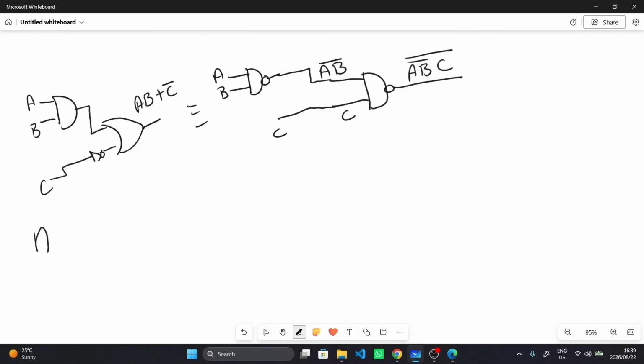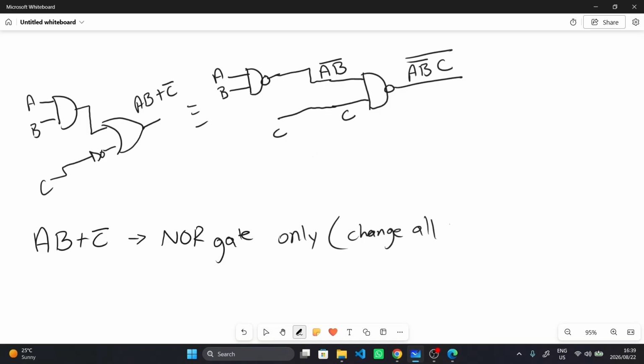So now we are using the same equation AB plus C naught. We use now NOR gate only. So in this case, we change all the multiplication to addition, right?